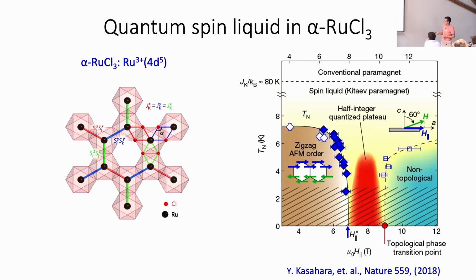And it has been found, as has been discussed very intensively before, that under a magnetic field, there's this half integral quantized plateau, although it's very controversial, as we have seen. But this sort of says that we may have a Kitaev spin liquid in this material under magnetic fields.